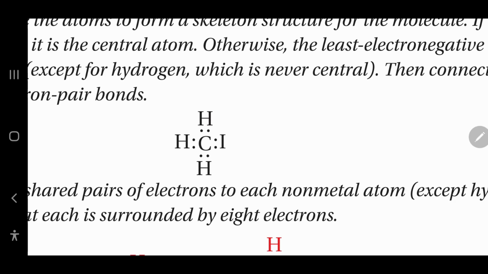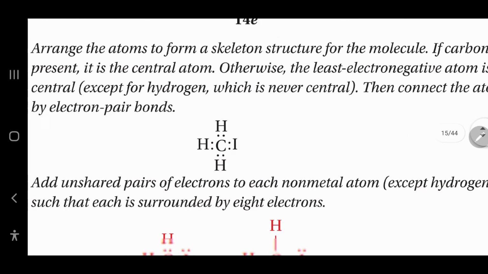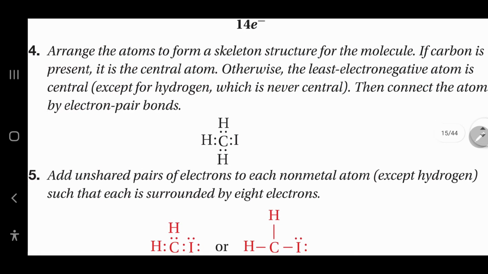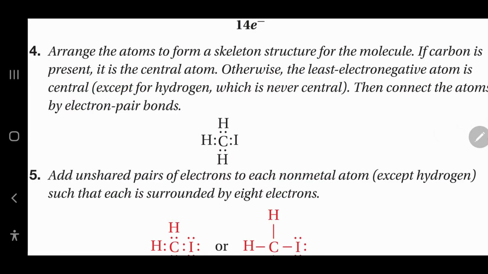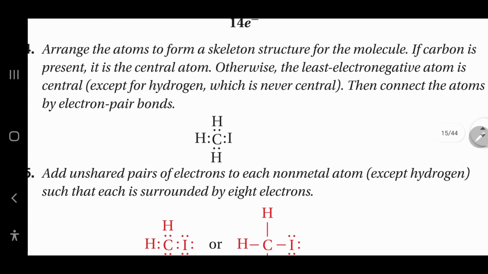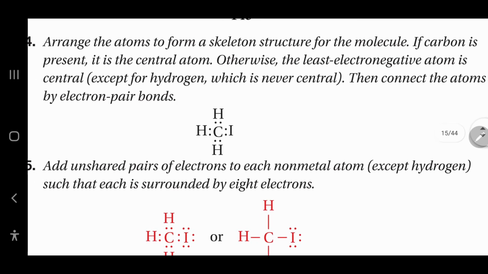Otherwise, if we don't have carbon, we look at the least electronegative atom and put it as the central atom, except for hydrogen, of course, because hydrogen is never central.